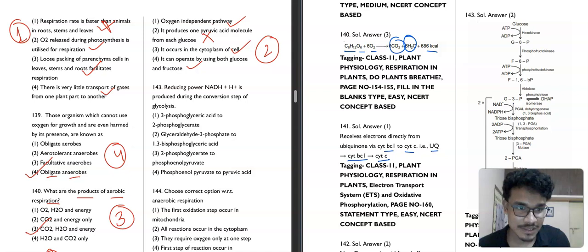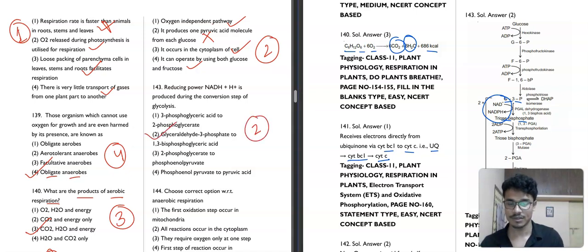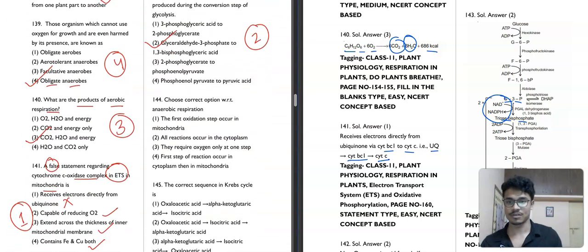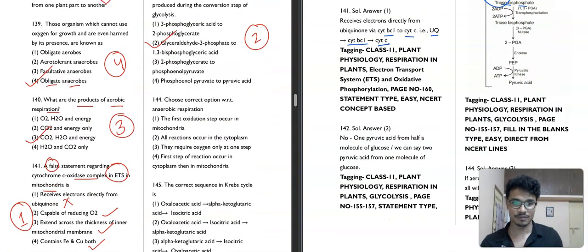You can see this is glyceraldehyde 3-phosphate, and this is triose bisphosphate. You know that triose bisphosphate converts to 1,3-bisphosphoglyceric acid, and here NADH is formed. Yes, the second option is our correct answer.